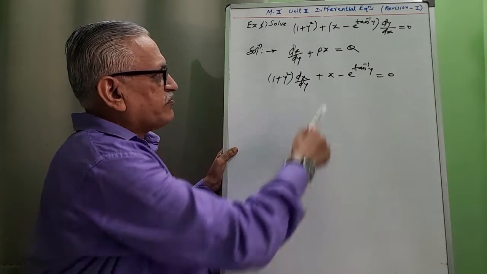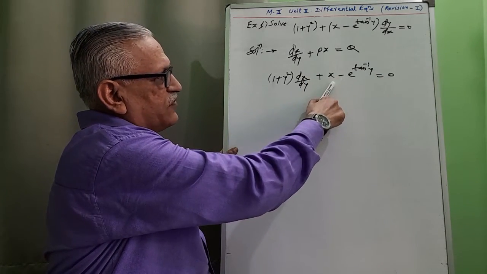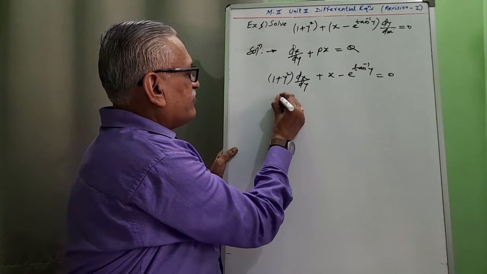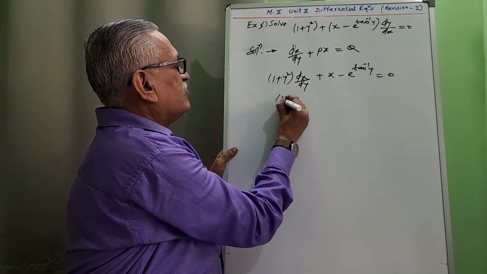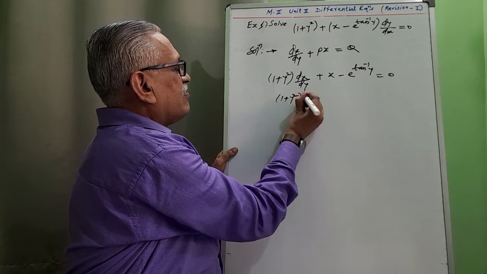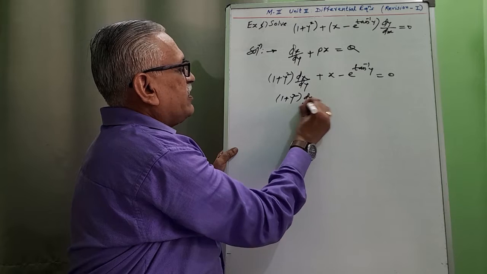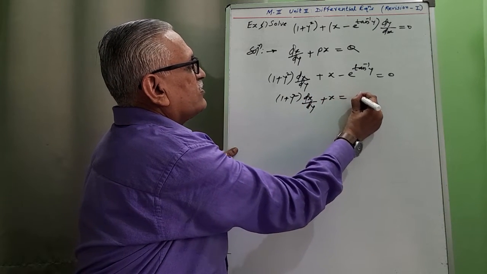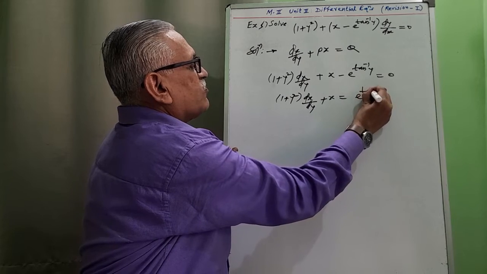Then keeping the term of x on the left hand side and transferring the term of y to the right hand side, we get (1 plus y square) dx by dy plus x is equal to e raised to tan inverse of y.